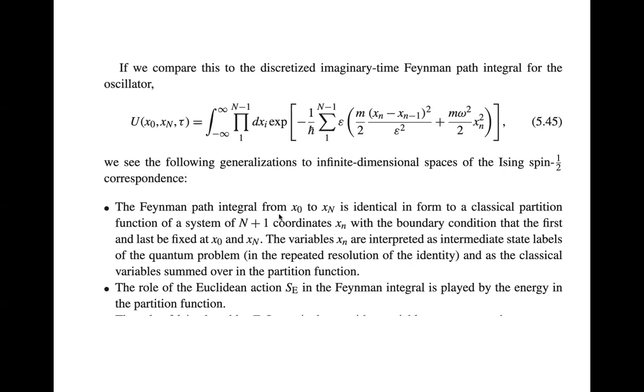Yeah, so the Feynman path integral from x naught to xn is identical in form to a classical partition function for a system of n+1 coordinates xn, with the boundary condition that the first and last are fixed. The variables xn are interpreted as intermediate state labels of the quantum problem in the repeated resolution of identity, and as the classical variables summed over in the partition function.